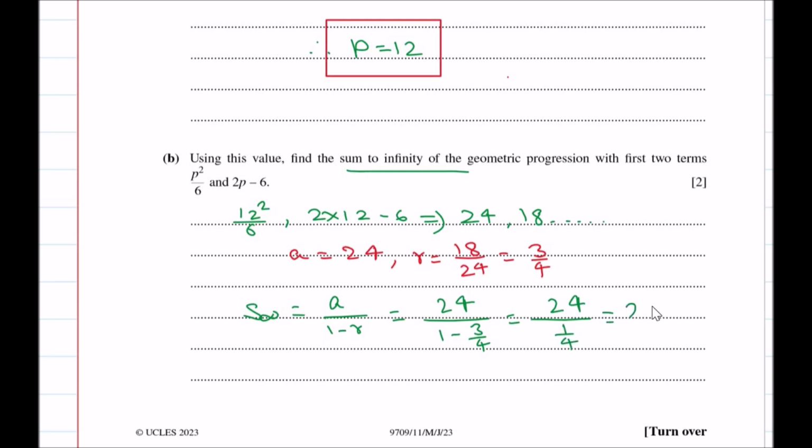So it goes up and it multiplies. So we get sum to infinity equal to 24 times 4, 96. So this is the final answer.